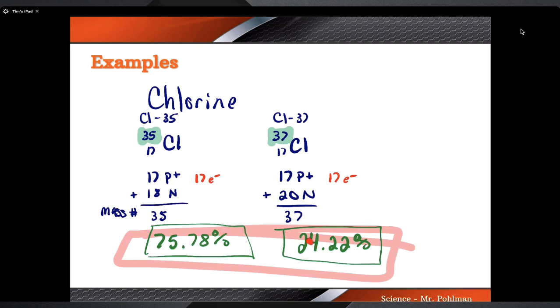So when we do a weighted average of these two values, we record that on the periodic table. Since chlorine 35 occurs more often, the 35.45, our weighted average, is going to be closer to the one that's more common.